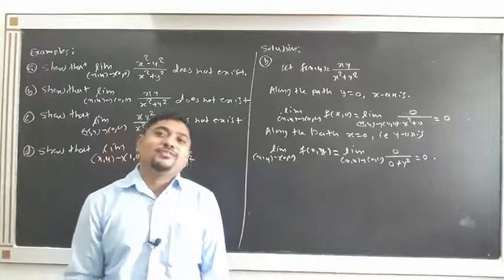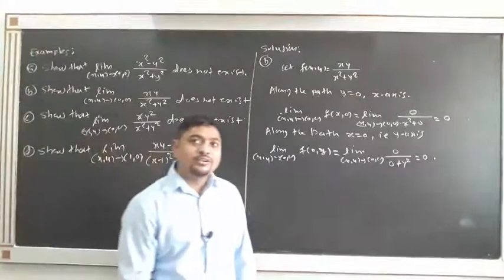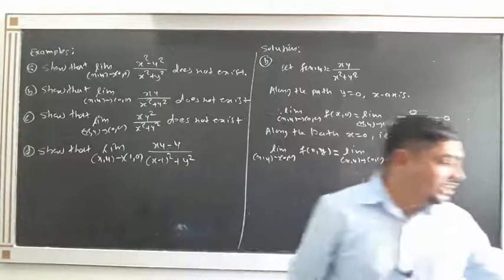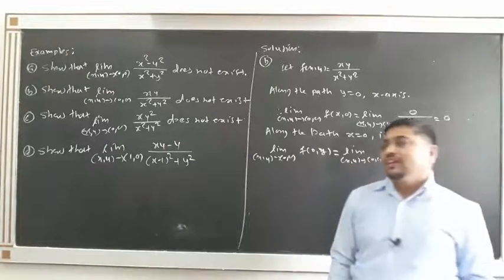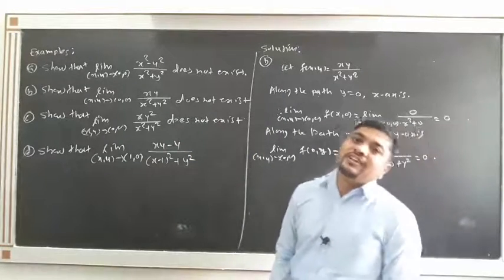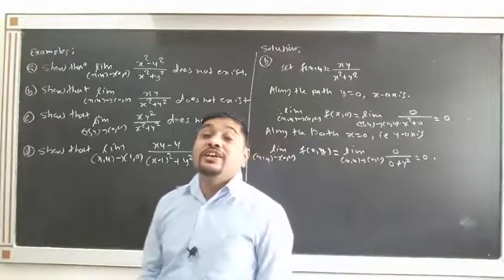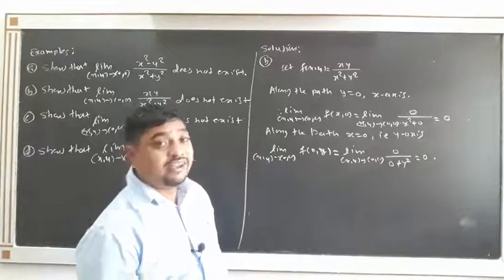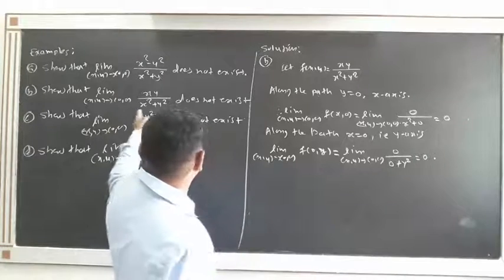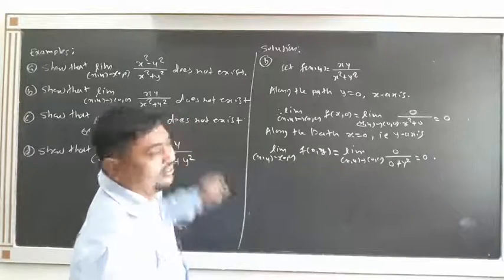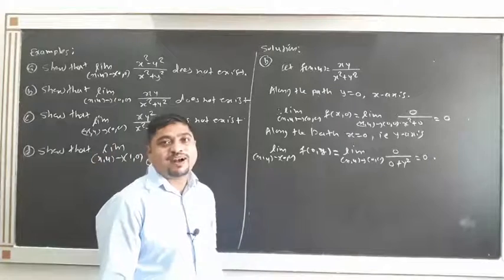So these two paths we already took in the first example, but here both have the same limit. Directly we are not saying that the limit exists, because what we have to show is that the limit does not exist. So go for the next path.